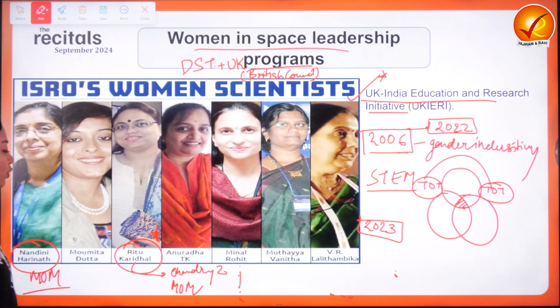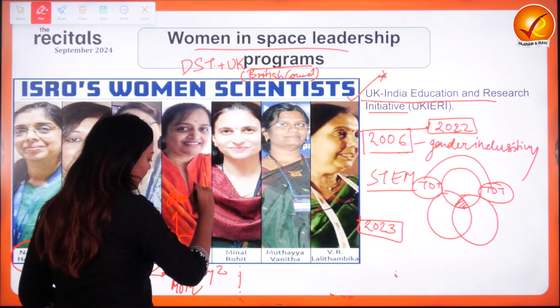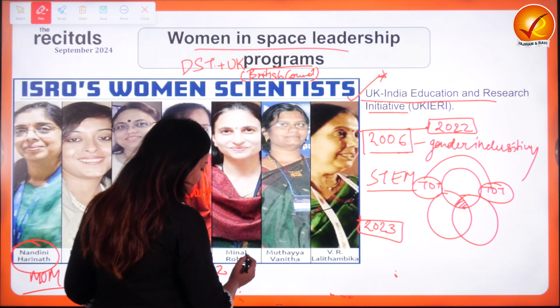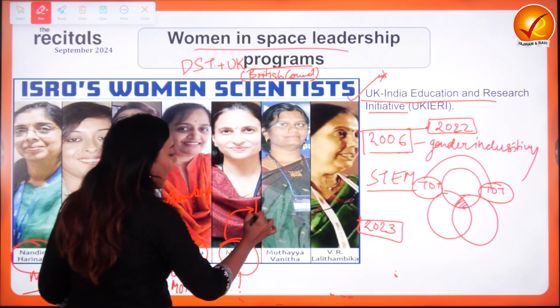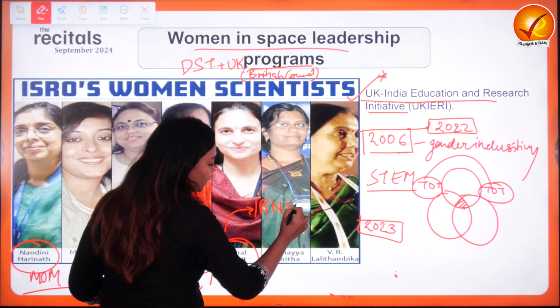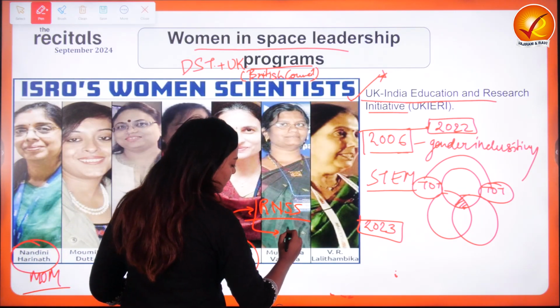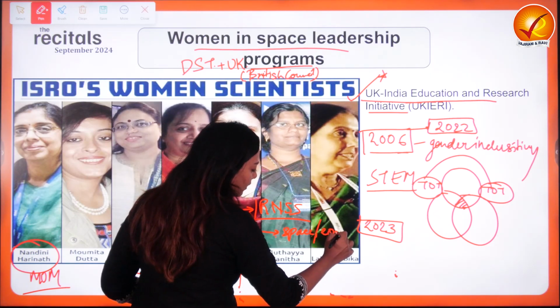Then Anuradha, who was again a stalwart of the Chandrayaan mission. She was the program director there. Then we have Meenal Rohit. Meenal Rohit has been very famous in making IRNSS a success. What is IRNSS? Tell me in the comments. Is it a space-based satellite?